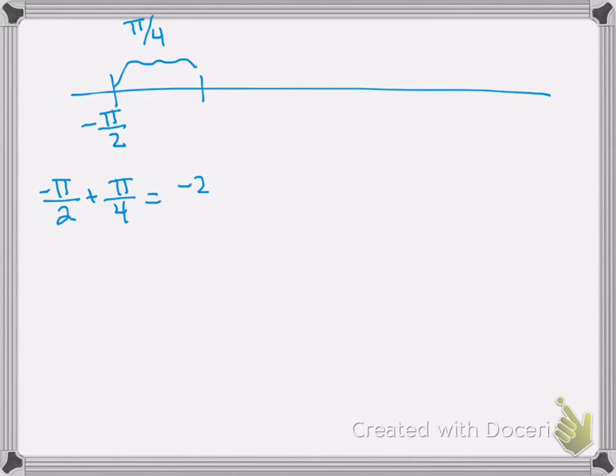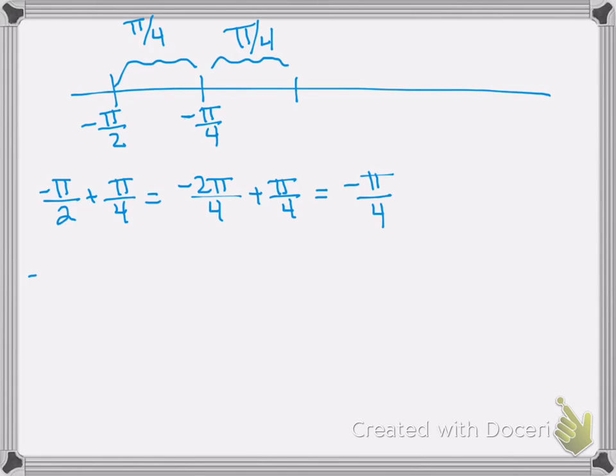Now I need a common denominator. So I get -pi/4. So that's going to be my second x value. Now from that -pi/4 to the next one has another distance of pi/4. So we do the same thing. -pi/4 plus your spacing again, pi/4 gives me just 0.